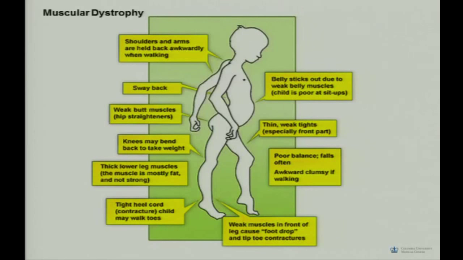Unfortunately, with muscular dystrophy, mortality usually occurs in young adulthood. So usually, like early 30s. Living beyond your 30s is not very common with muscular dystrophy.